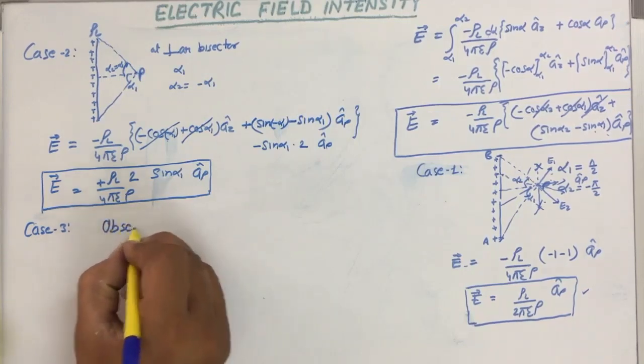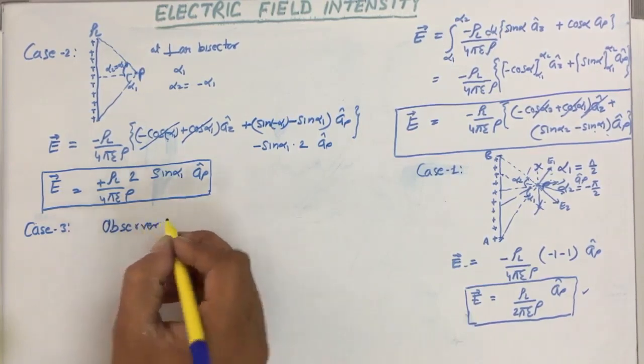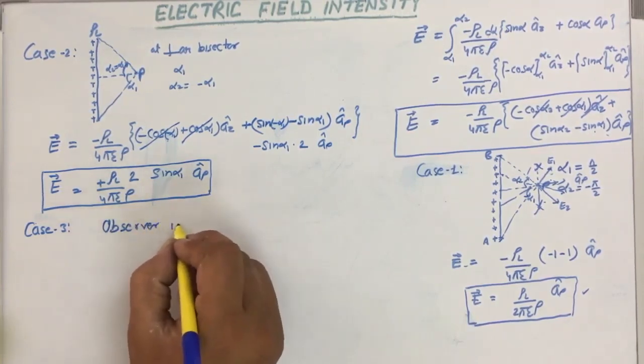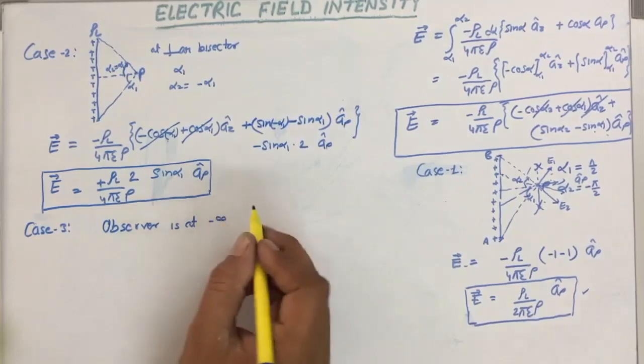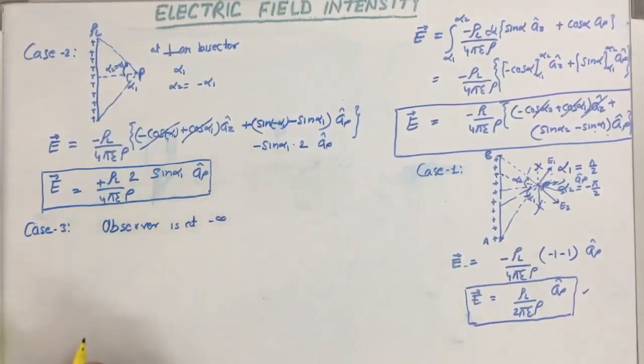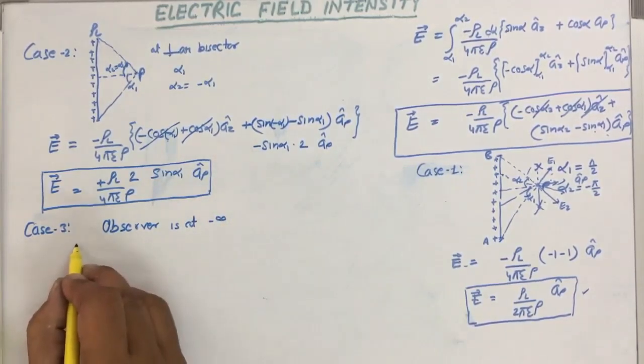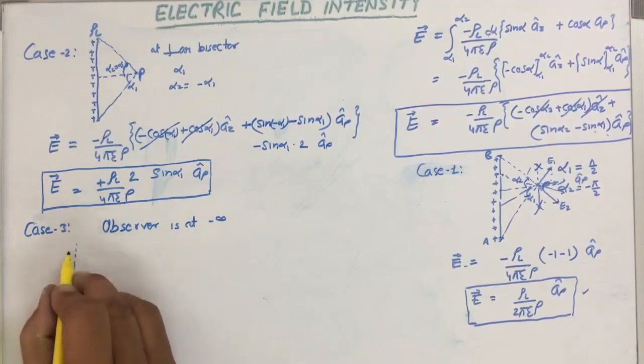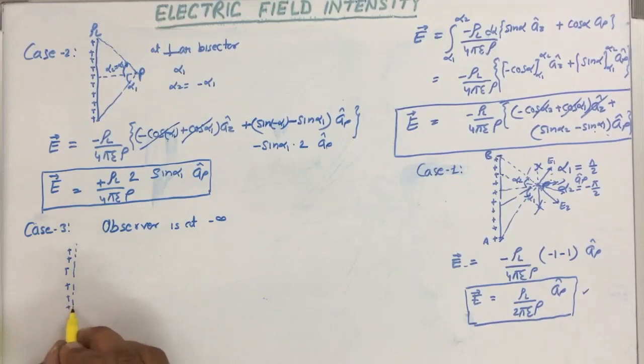The observer is at minus infinity. So you are here, it is minus infinity, point P is here, and it is moving onward.